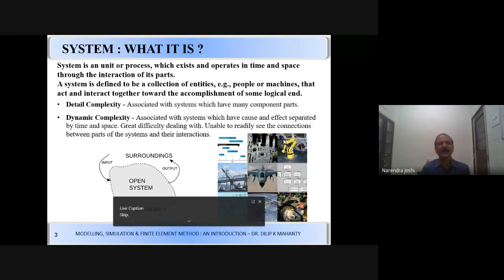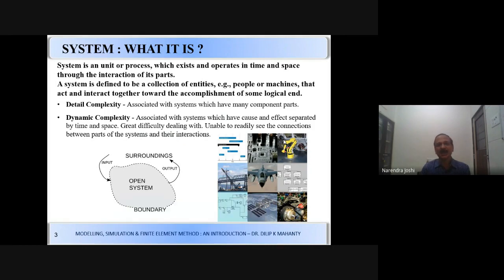Basically, a system is a unit or process which exists and operates in time and space through the interaction of its parts. If you see the bottom left side, a very simple sketch I made shows an open system, with boundaries and surroundings, but there is input and output.